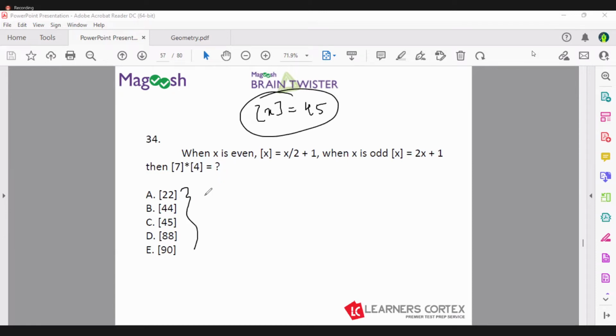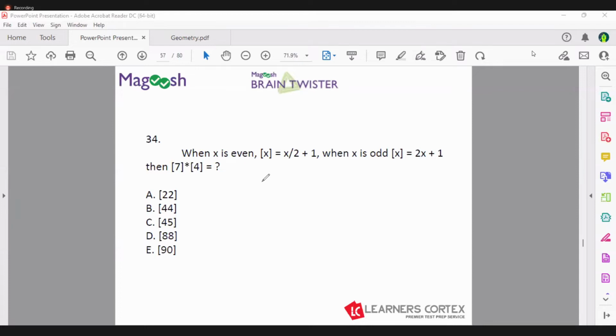Had the answer been without the brackets, that would have meant without the function, and then 45 would have been the correct answer. However, the answers here are a function itself. Okay, so what we have to do is find the value of x in a way which would give us 45 as the answer.